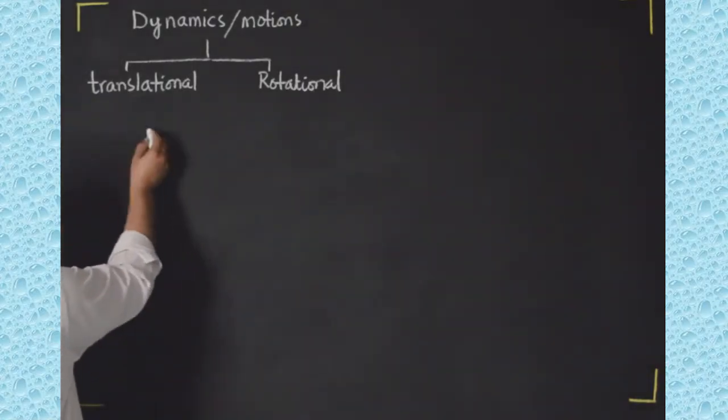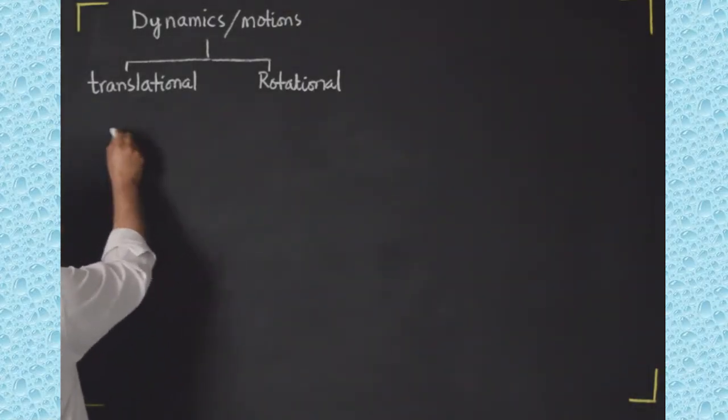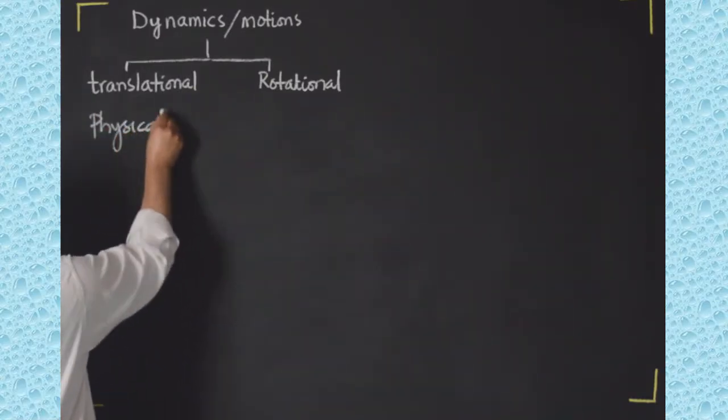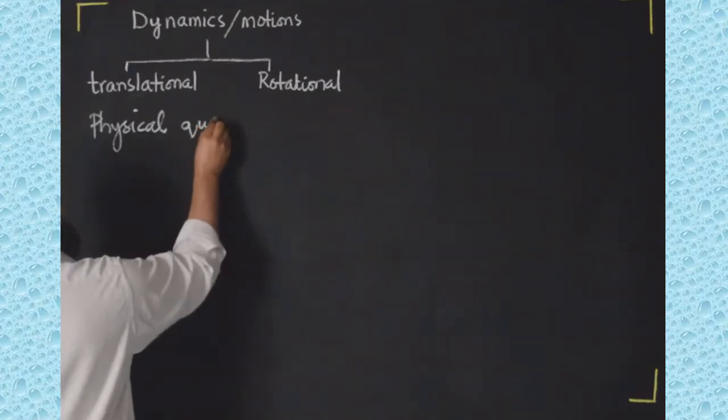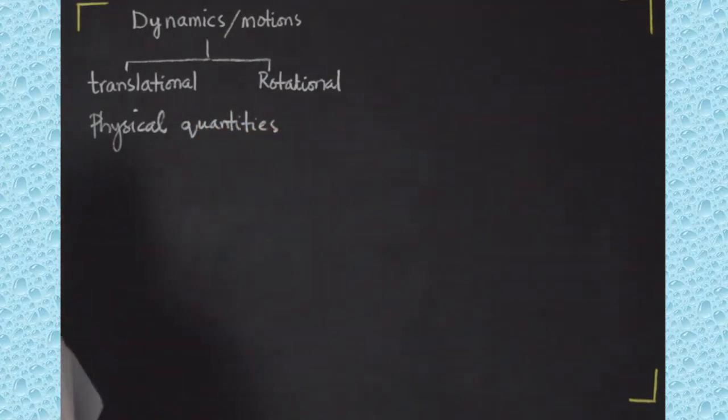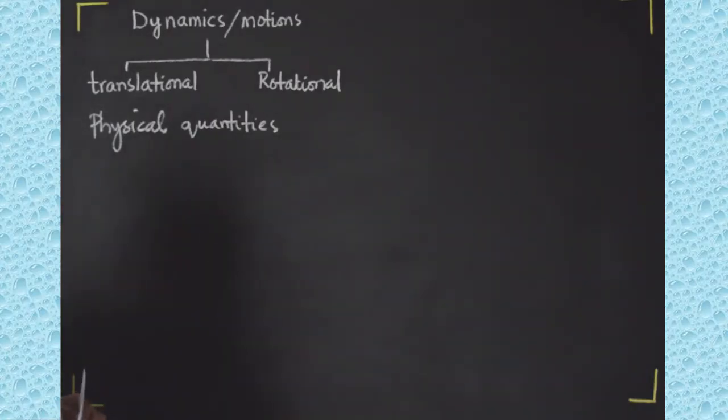and we call the first thing the physical quantities. The physical quantities we know they are, for example, displacement, velocity, acceleration, force, and all these.